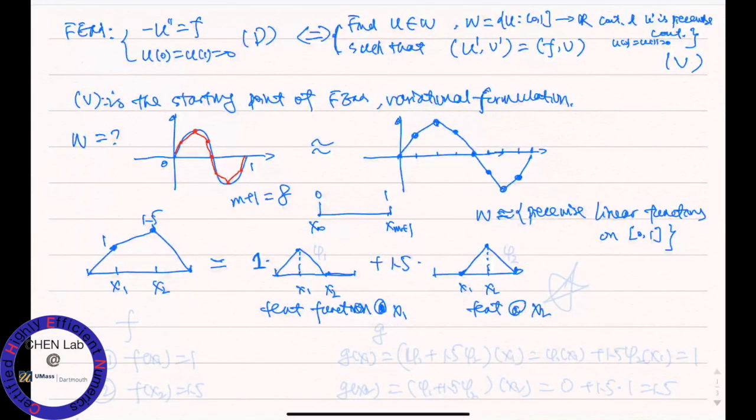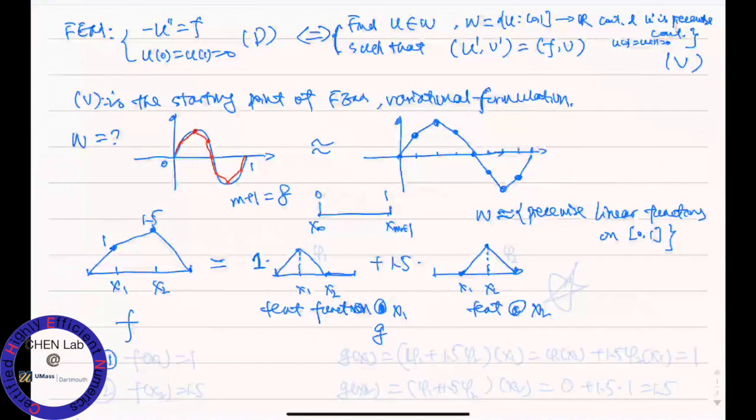So this function is actually equal to 1 times the first tent function plus 1.5 times the second function. It's easy to see because both the left-hand side and the right-hand side are piecewise linear. And if it's piecewise linear, at each segment the function is determined by the 2 point values. If this is f, that is g.